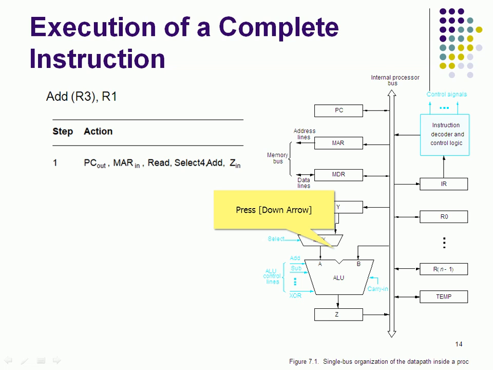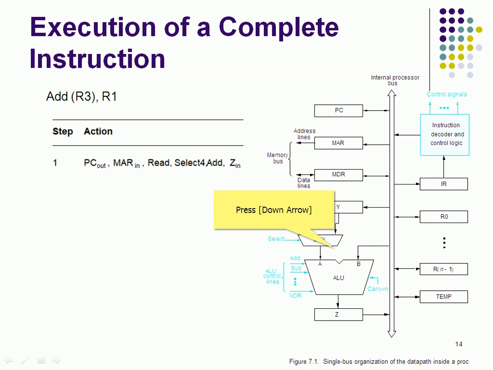PC out is made now, so that copy is still roaming here. One copy may be received by MAR, the other copy, that is the replica, will be roaming in this processor bus. We can make use of that and ask it to come via point B to the ALU, so that we automatically advance the program counter. I hope it is followed.